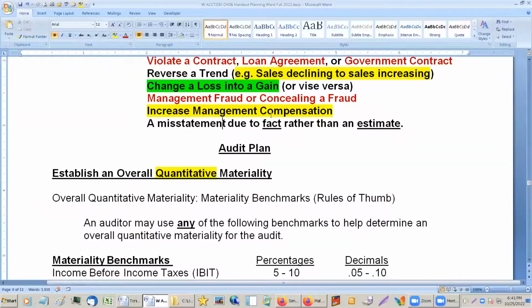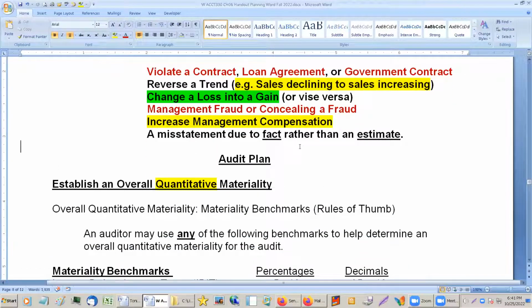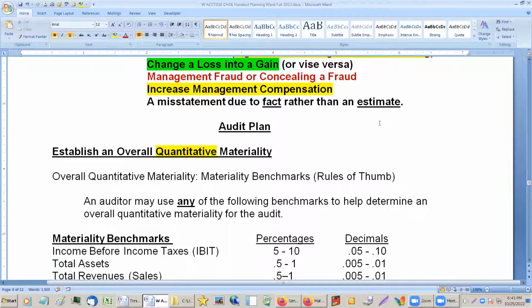You know, that's a misstatement due to fact, not an estimate. So misstatements that are due to fact are considered more serious than simply one that's due to estimates. So even though it might not be material, the fact that they are purposely misstating a fact could also be a problem.